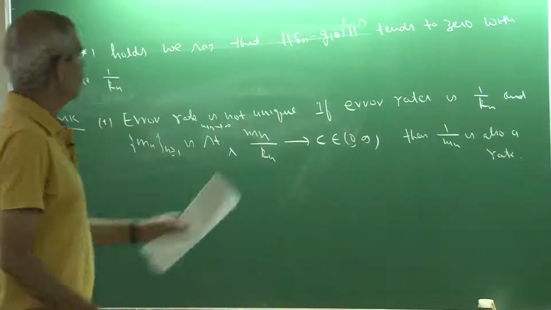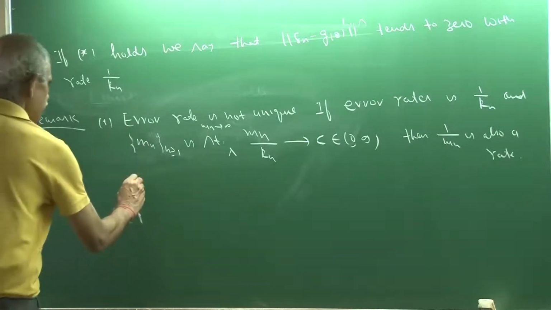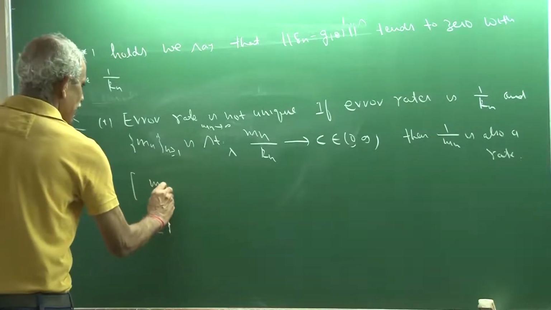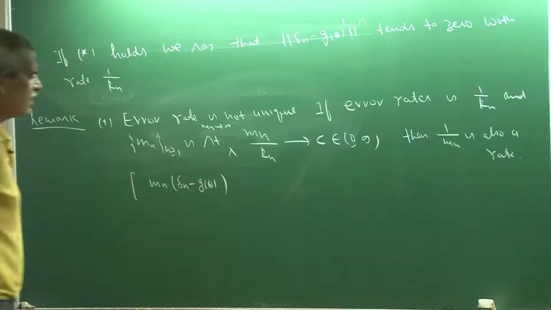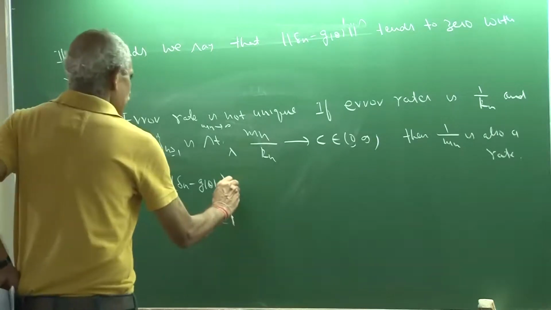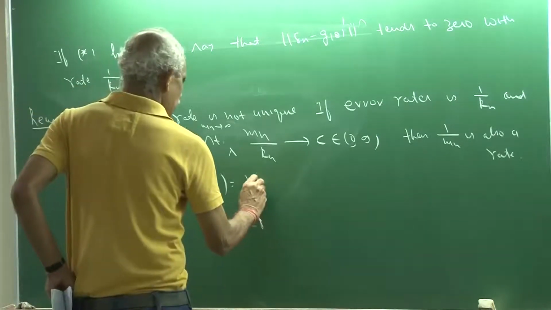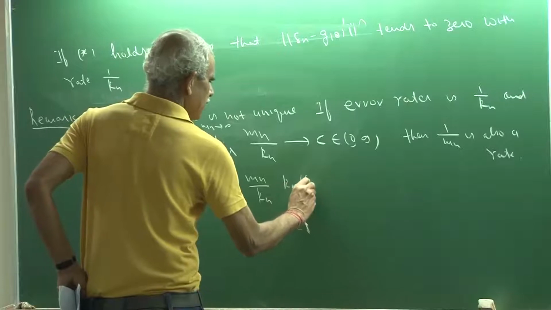Why? To show that 1 upon Mn is also a rate, you have to see whether Mn times delta n minus g theta is going to a non-degenerate random variable or not. Now note that this is the same as Mn upon Kn into Kn times delta n minus g theta.